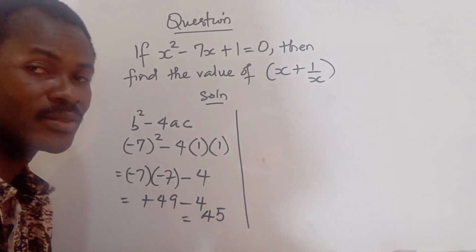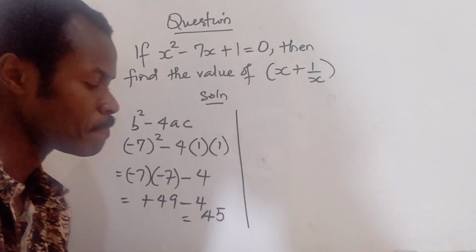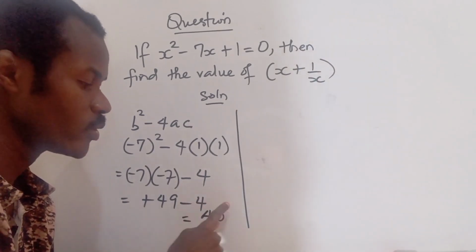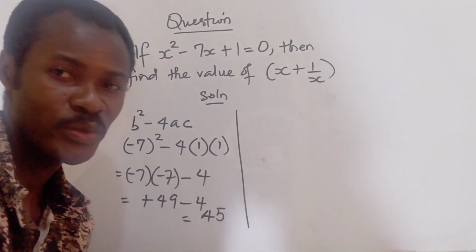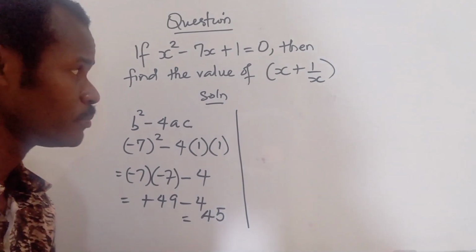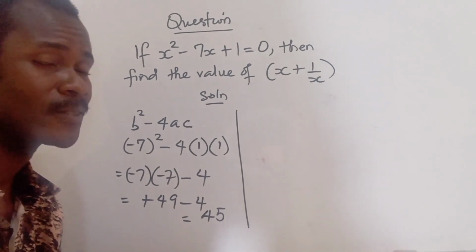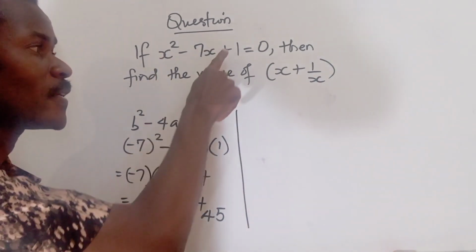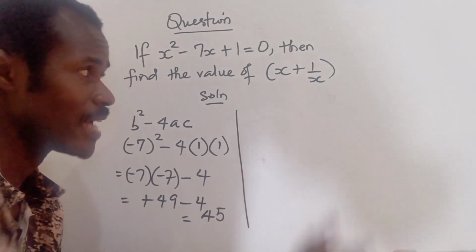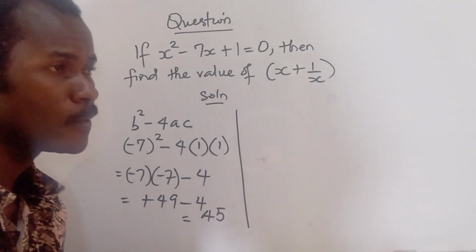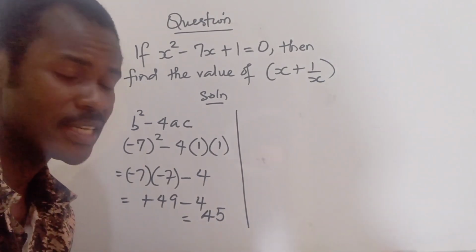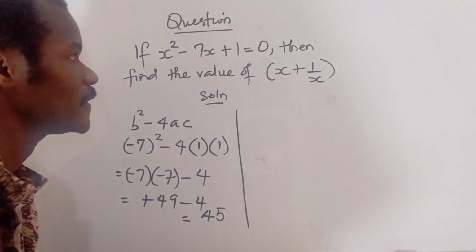Now 45 is not a perfect square, because if we take the square root of this, we are going to have our answer in decimal. So based on that, it means we cannot factorize this to get the two values of x and substitute into this. All right, so I'm going to use another approach to be able to solve this.